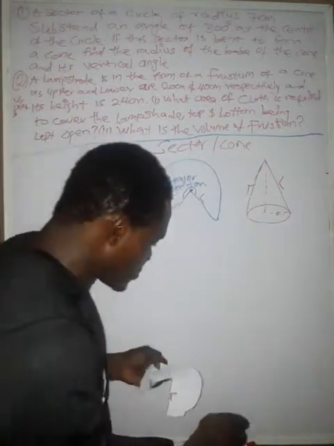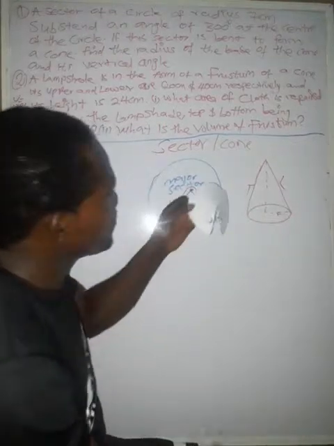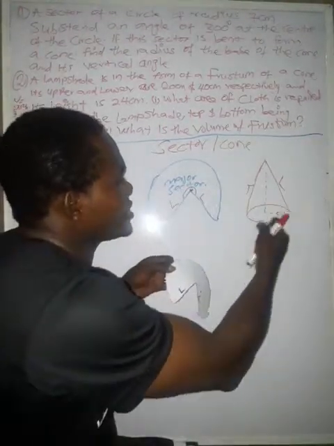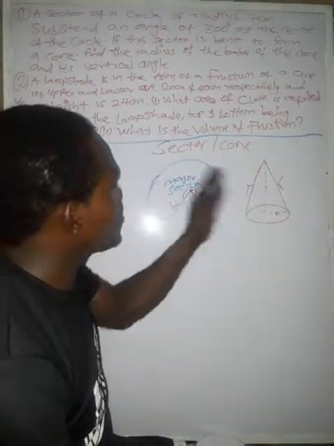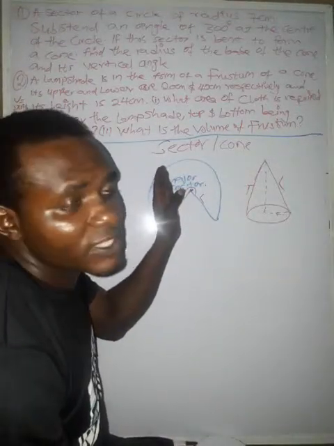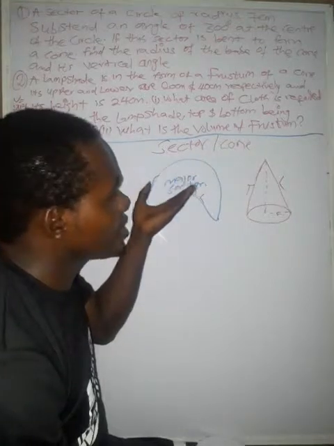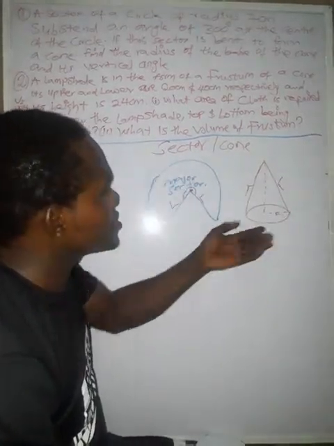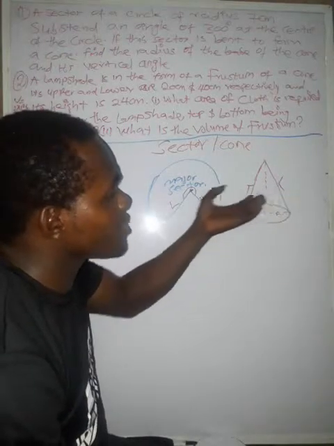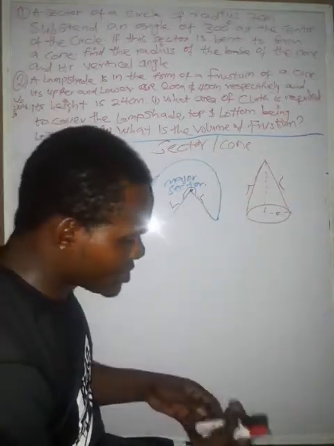Those are the two relationships I'm going to use in getting the formula between a sector and a cone. We already know the formula for the sector area and the length of an arc. Then we just need to compare the two and bring it out.